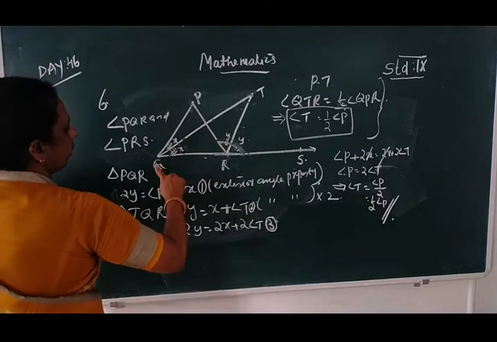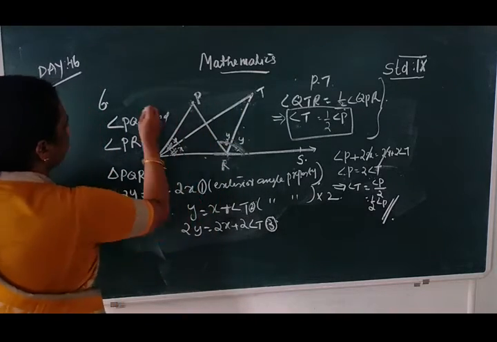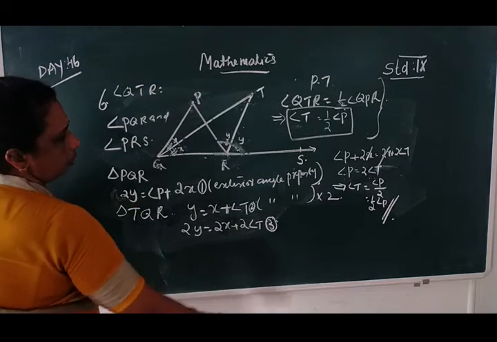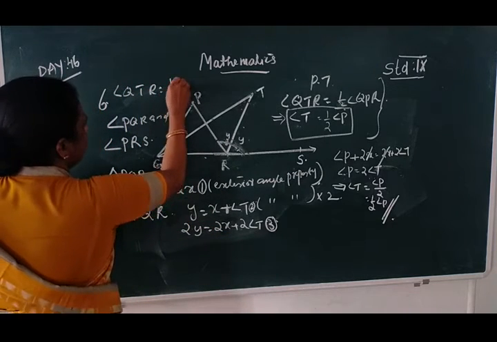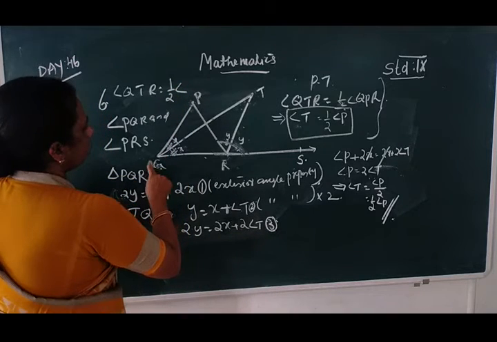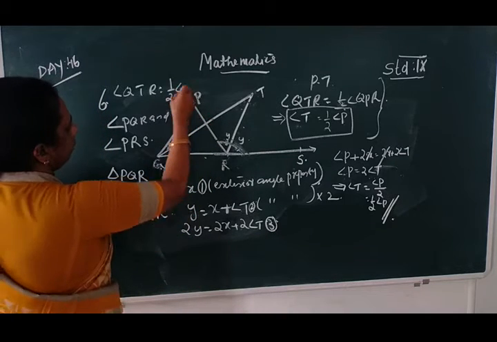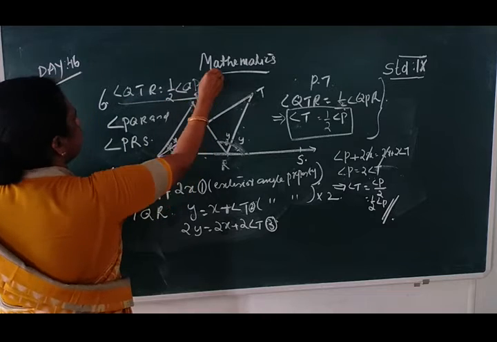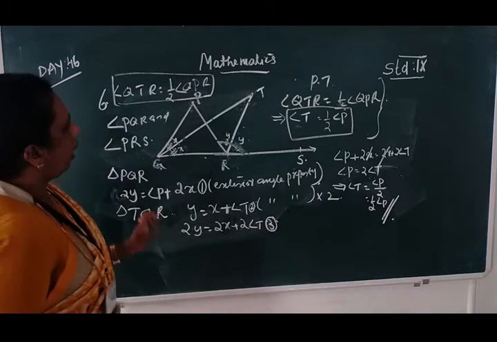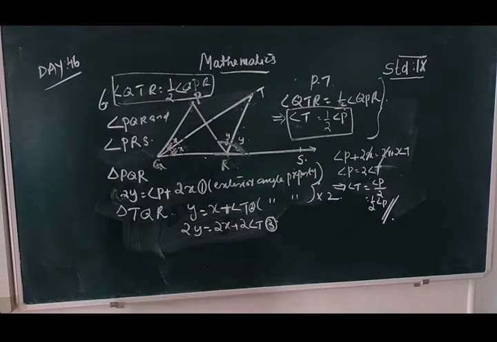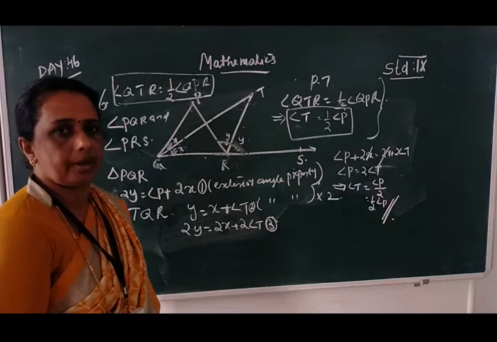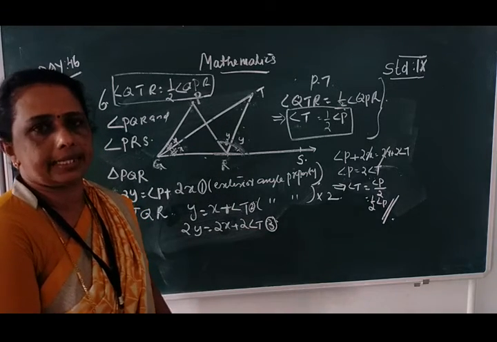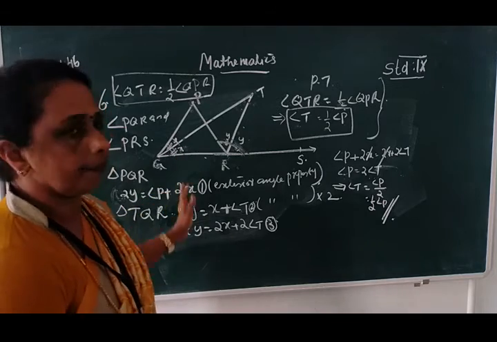Angle T is angle QTR, equal to half into angle P, that is QPR. Hence it is true. Angle QTR is equal to half into angle QPR. This way, using the exterior angle theorem we can solve this problem.